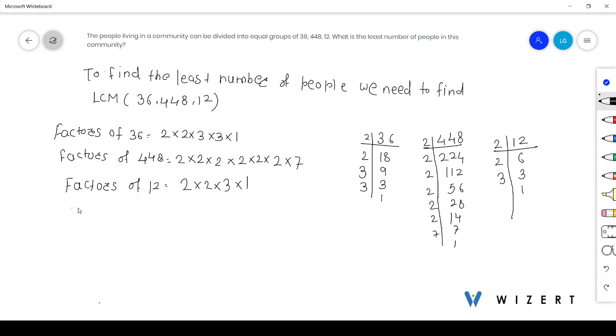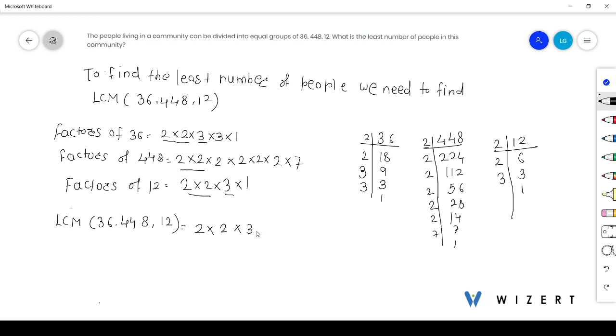Now, we can find the LCM of 36, 448 and 12 by firstly taking common factors and then multiplying the rest of the numbers. So, here common factors are 2 into 2 first, then 3 is there.